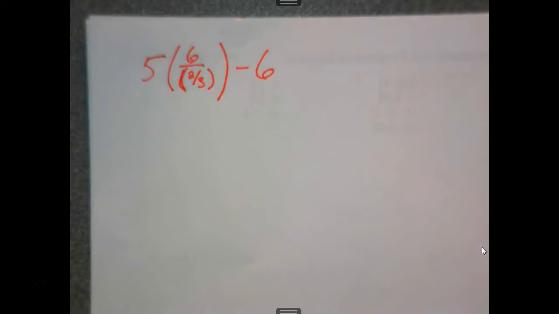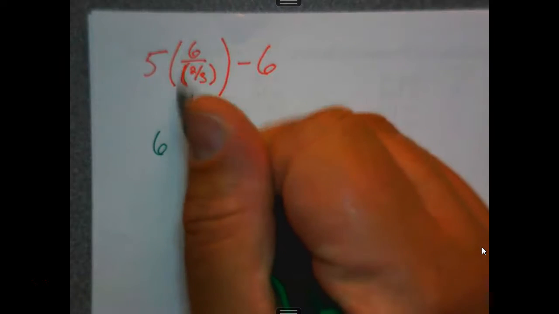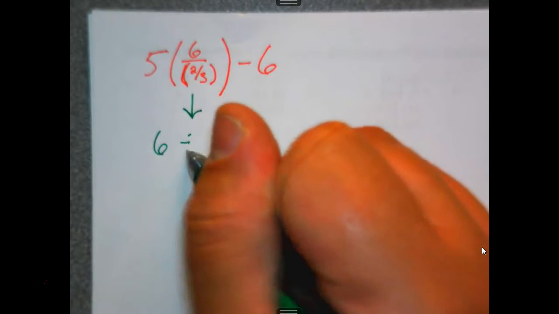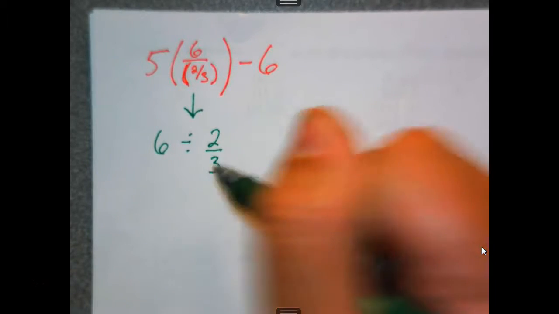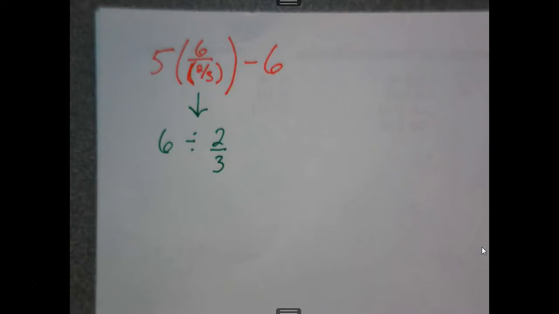Okay. So I'm going to do the parentheses first. I have 6 divided by 2/3. Remember how to do this? I have one student today that could remember how to do this.